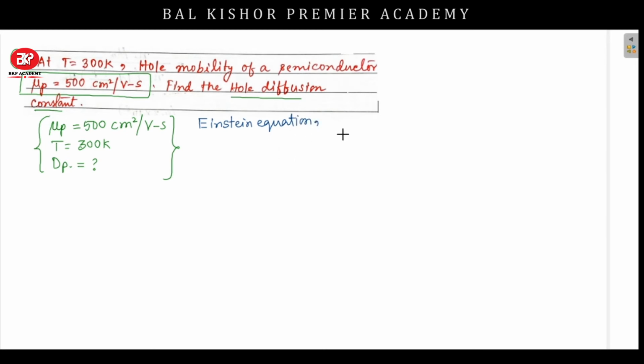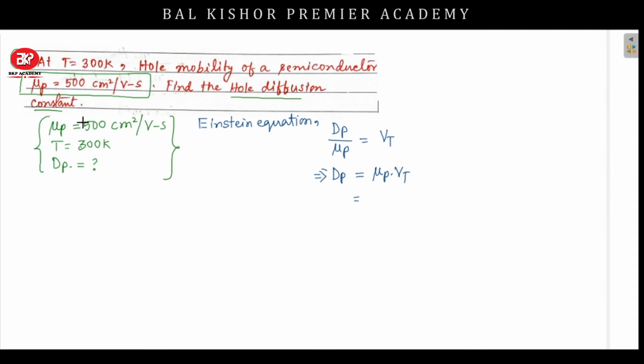In the Einstein equation we know that for holes, Dp by mu p is equal to the thermal voltage Vt. So the Dp value can be found as mu p into Vt.